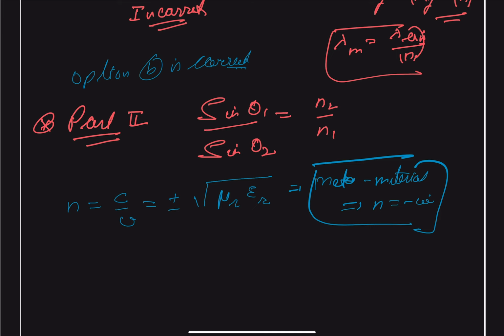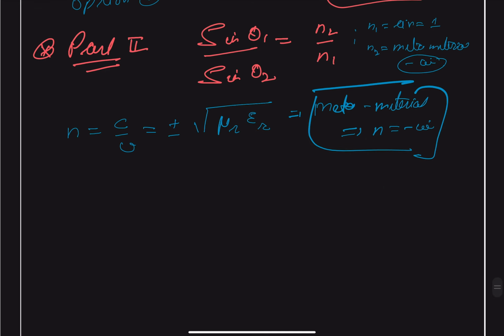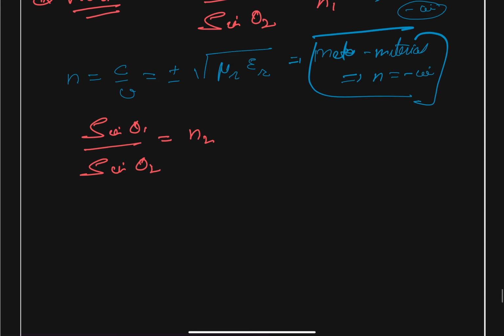Here n1 is air, with refractive index approximately equal to 1, and n2 is our metamaterial, and it is given as negative. So sine of theta 1 upon sine of theta 2 will be equal to n2, but it is mentioned that n2 is negative.